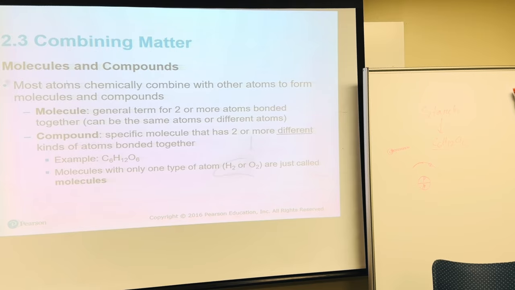So now let's talk about the molecules and compounds. One thing I want to make sure that you understand is that we only have 118 elements, and these 118 elements are getting together in so many different ways to make all the unlimited number of matter we have. Yes or no? So when you combine the different elements together, you make the what?